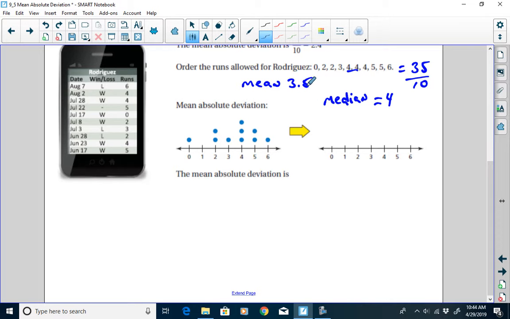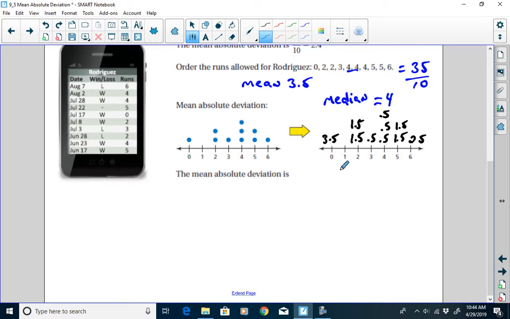Our mean is 3.5, so 0 varies 3.5 from the mean. 2 is going to be what? 1.5 and 1.5. 3 is going to be 0.5. 4 is going to be 0.5, and we have 3 of those. 5 is going to be 1.5. And then 6 is going to be 2.5.